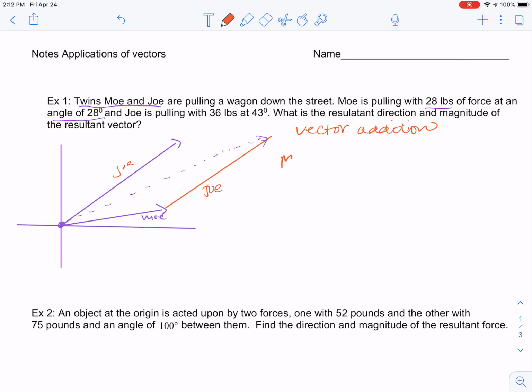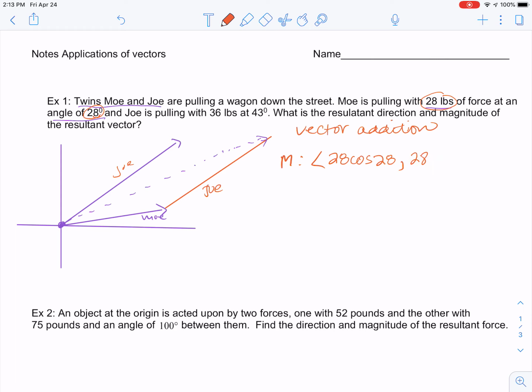So vector Mo is 28 cosine 28, because I gave it to you in terms of magnitude and direction. Cosine is always the x-coordinate. And then for the y-coordinate, it's always sine.